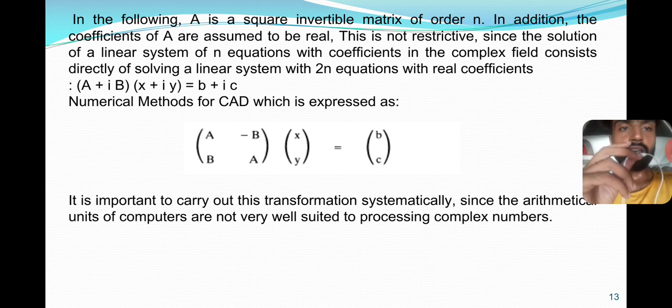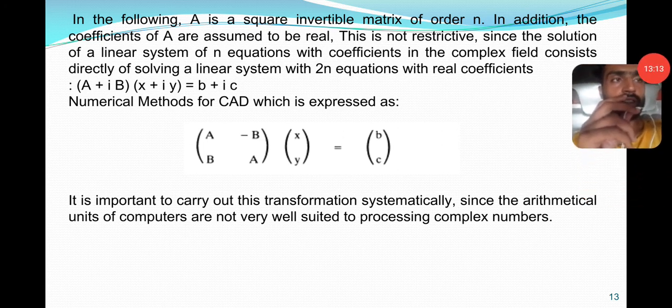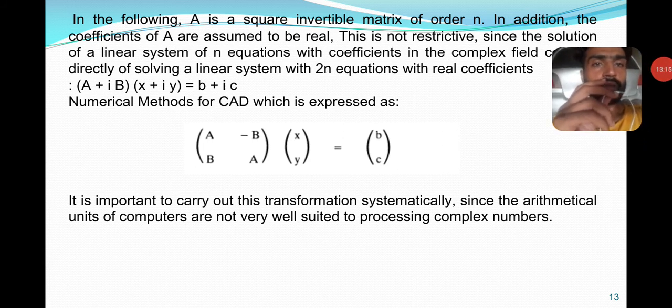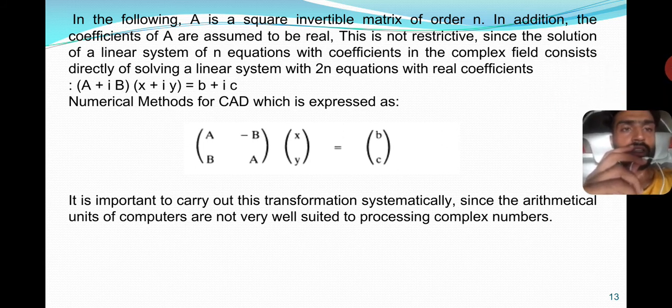It is important to carry out this transformation systematically, since the arithmetic units of computers are not very suited to handling complex numbers.